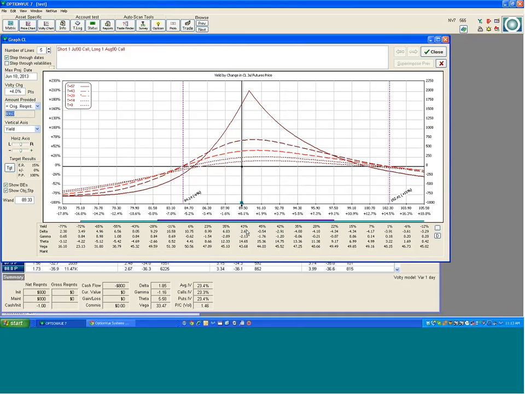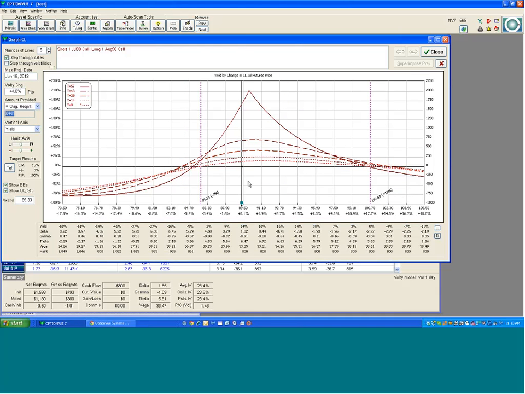So a $440 profit divided by a $960 margin is a yield or a return on margin of 43%. And that's a 43% return in 29 days, in essentially a month. That's a very attractive return. But of course, it all depends on what transpires between now and 29 days from now.